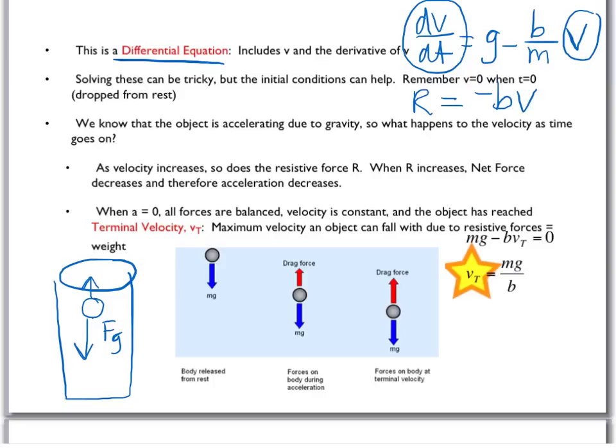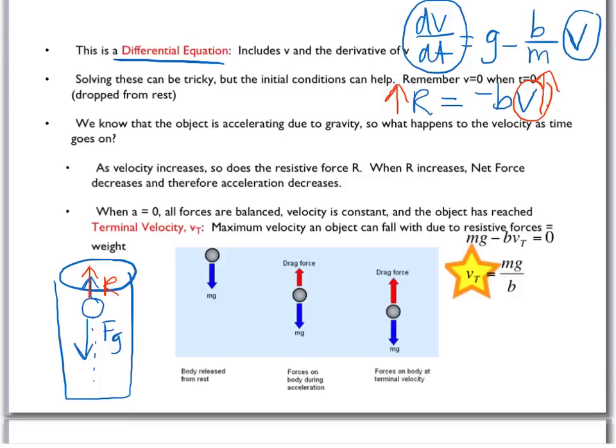Now, as the object continues to fall, it would be getting faster and faster, which means that if we looked at another time t into this motion, the resistive force is going to start getting bigger, because as the velocity increases, the resistive force is also going to increase. Bigger velocity means bigger resistive force.